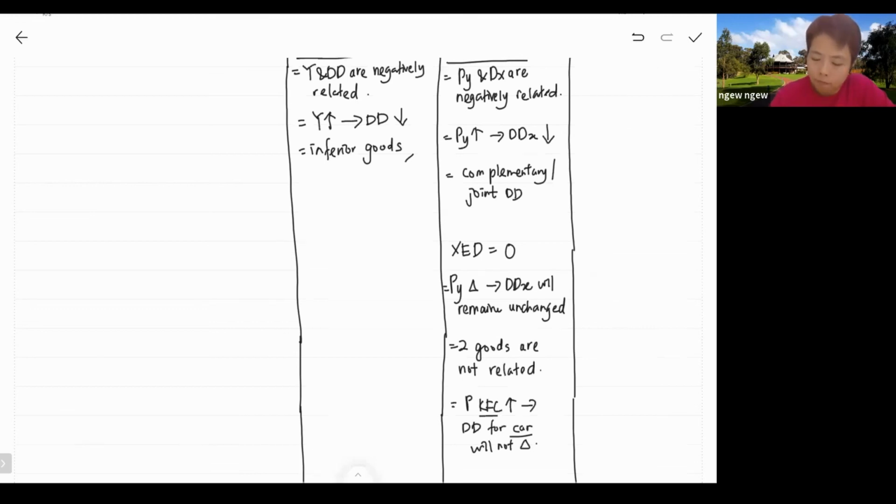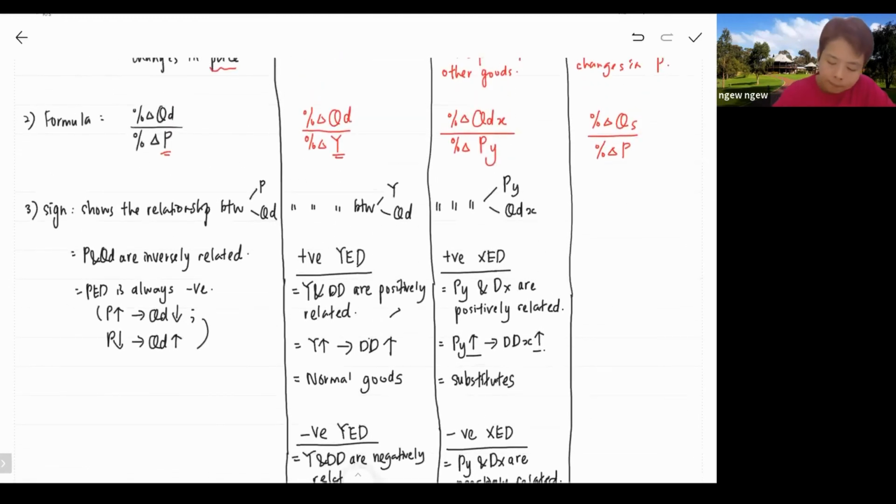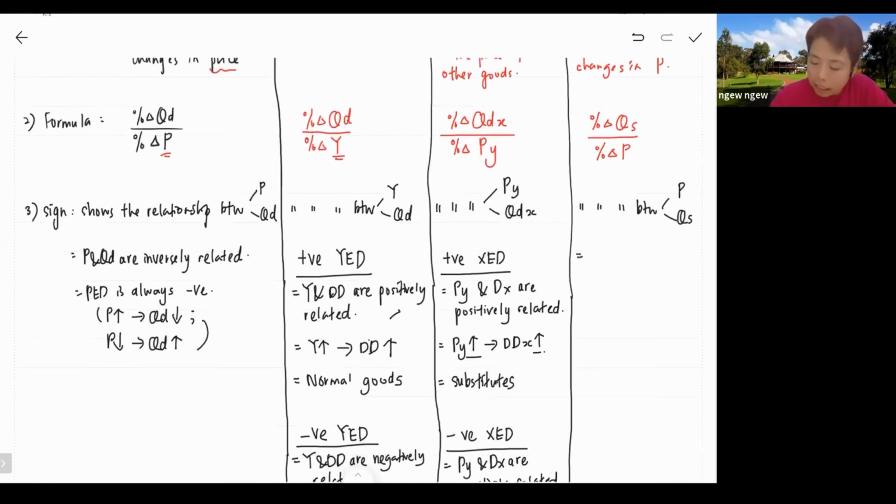Now, moving on, if you look into PES, if we follow the same standard, it shows the relationship between price and quantity supplied. And previously, when we learned supply, price and quantity supplied are always positively related.